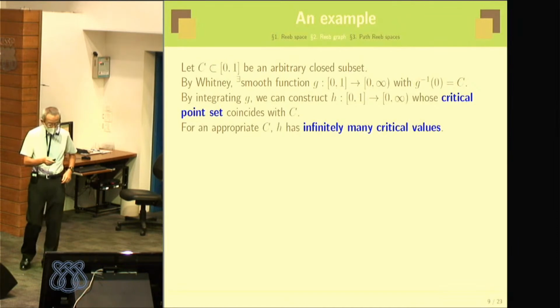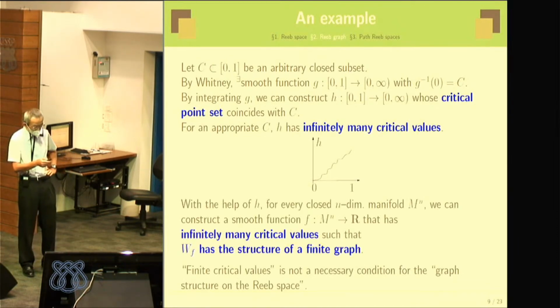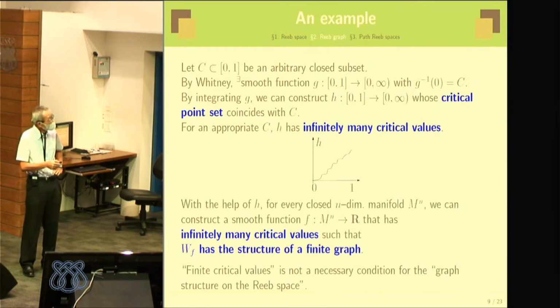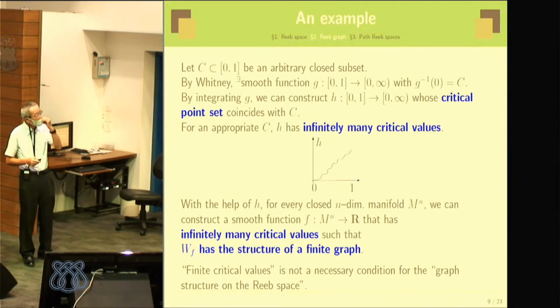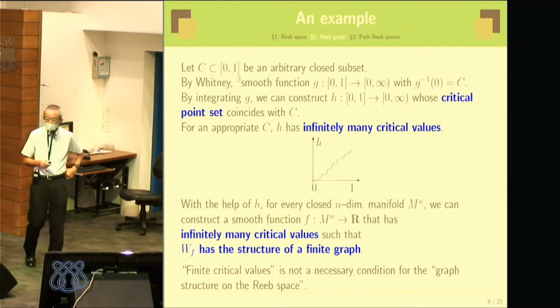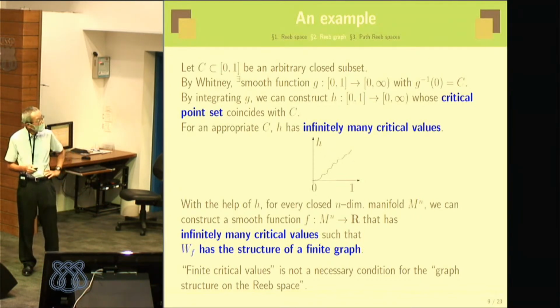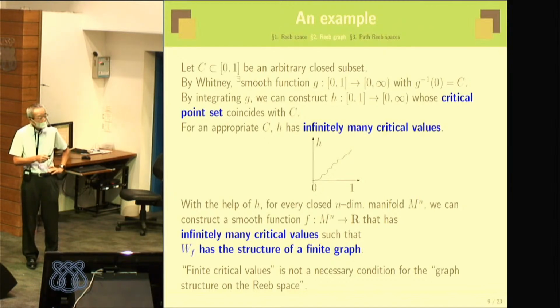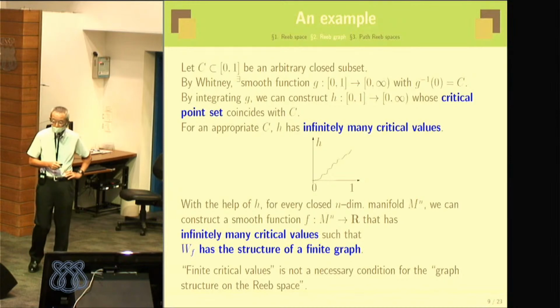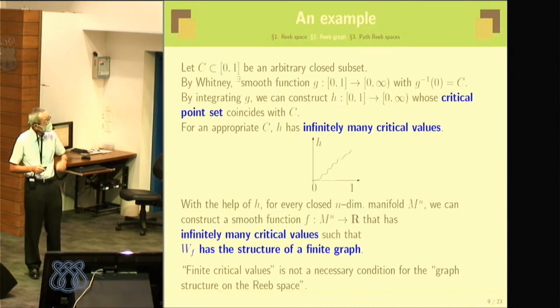Okay, and the graph is something like this. So this function has many critical points, and of course, H has infinitely many critical values in general for a closed subset C. In this case, it's very easy to see that the Reeb space is just the 0-1 interval, and you can show that.